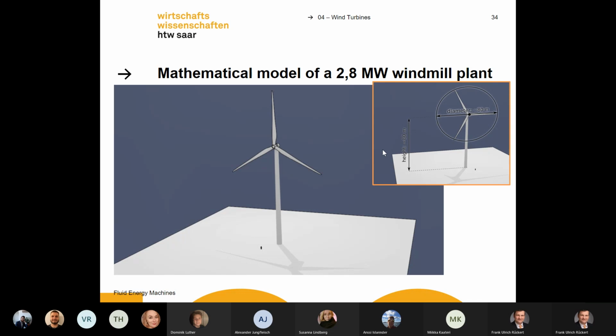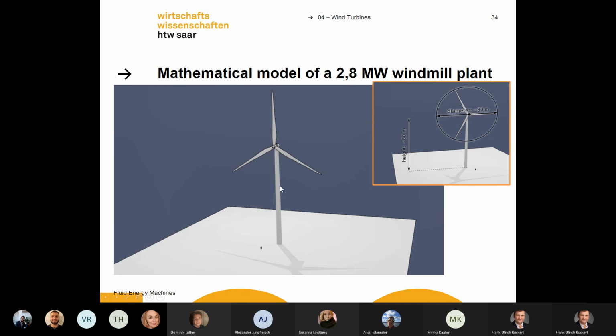This turbulence calculation is really sophisticated, but normally the flow behind the windmill doesn't look as ideal as I explained at the beginning of this presentation. If you really want to make a design, it's much more complicated, of course.